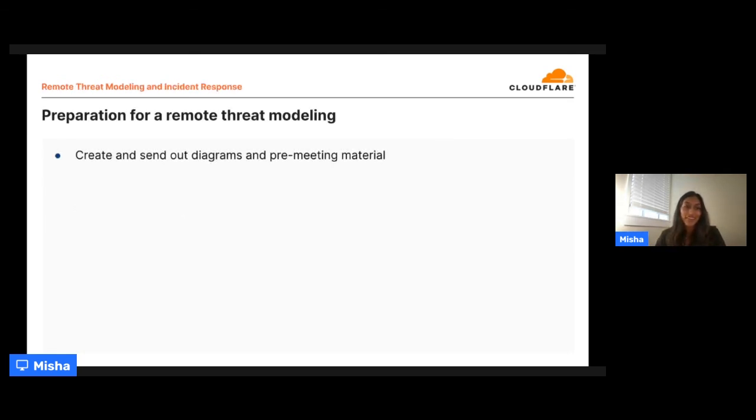Right, so we're in a remote world now, pretty much. So how do we prepare for a remote threat modeling? Create and send out diagrams and pre-meeting material. What this could mean is you can use the existing documentation, existing information out there about a system to go and read the code that your company has implemented to run the system, and try to create diagrams and a general understanding of how the system works, and make sure that it's available for everyone who's involved in this session.